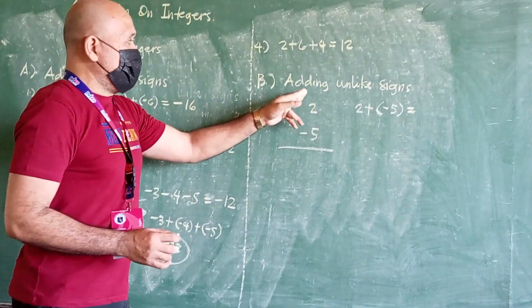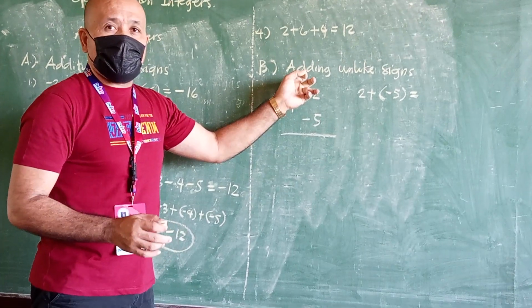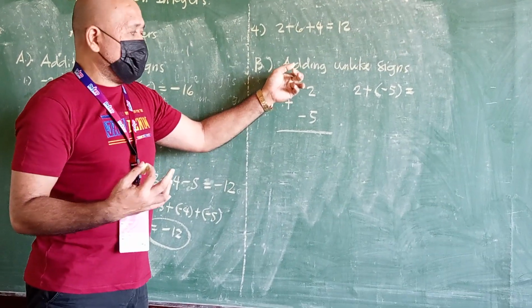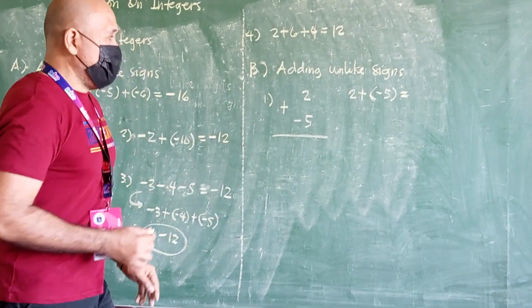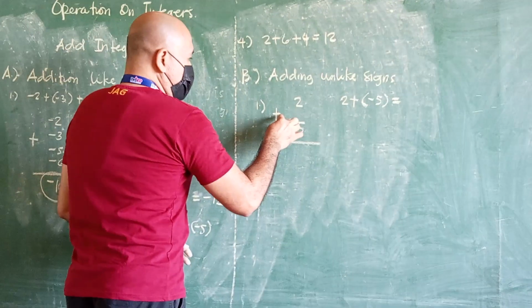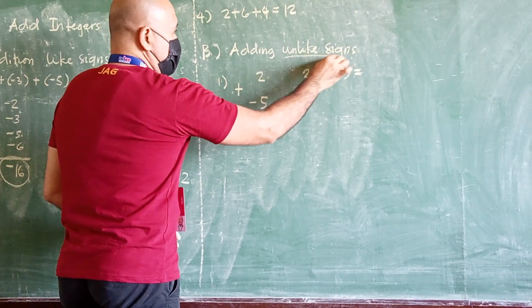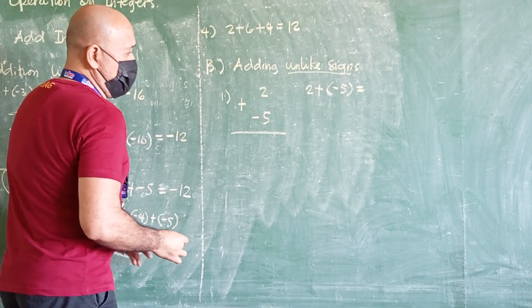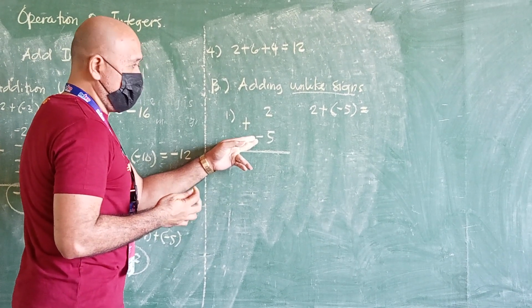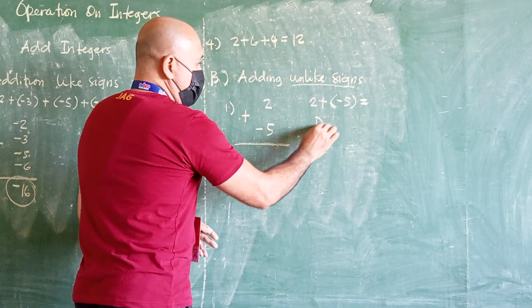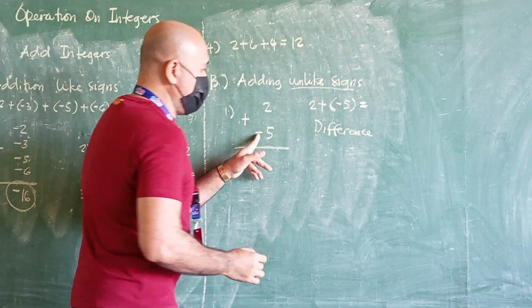Okay, so again, for this rule, when you add unlike signs, we apply this rule for you to easily master the process by using only two integers. So when we add two integers with unlike signs, all you have to do, class, is, because their signs are not the same, consider the difference between these two integers.